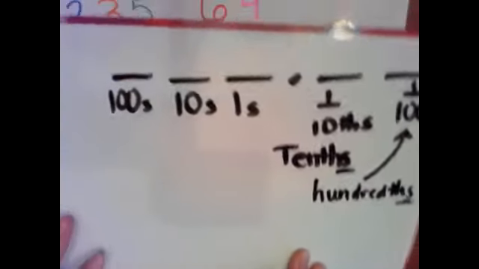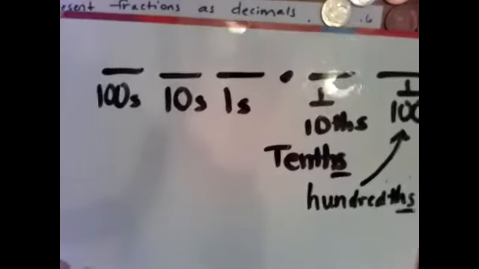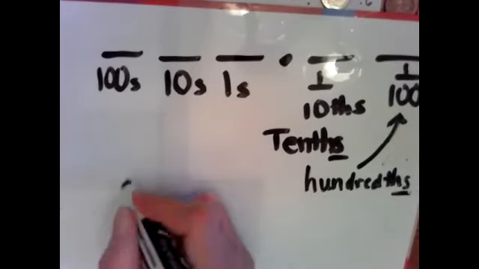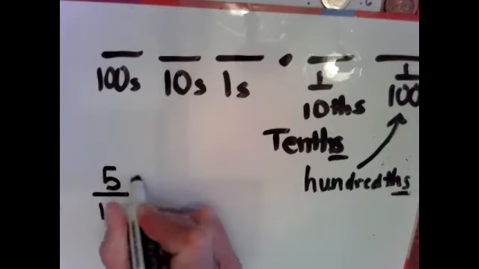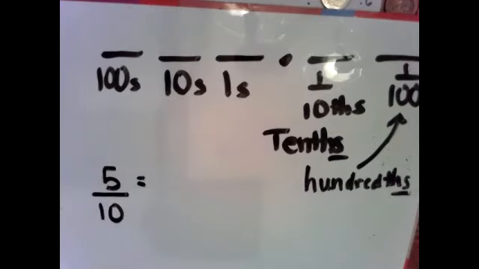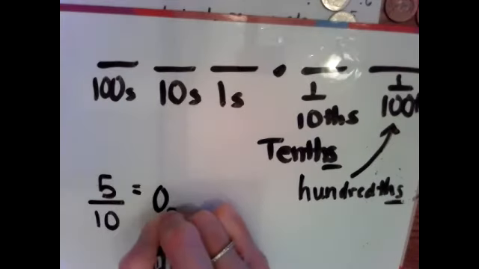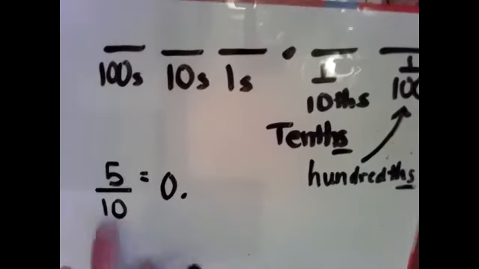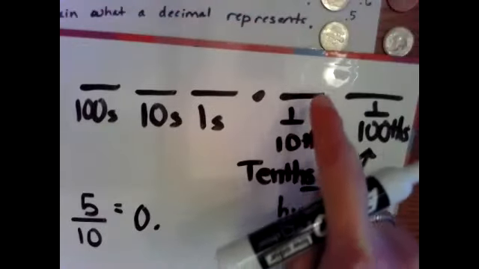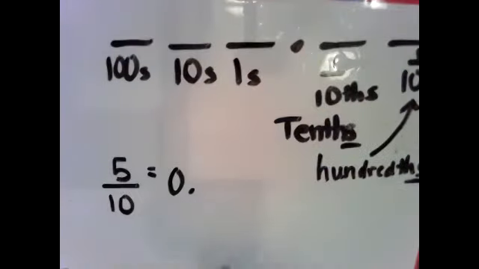So if they were to say to us, all right, fourth graders, you're getting good at this, please write 5/10 as a decimal. They didn't say anything about a whole number, so we would say we have no wholes or no whole numbers. 5/10 means we are parking the digit 5 in the tenths place.